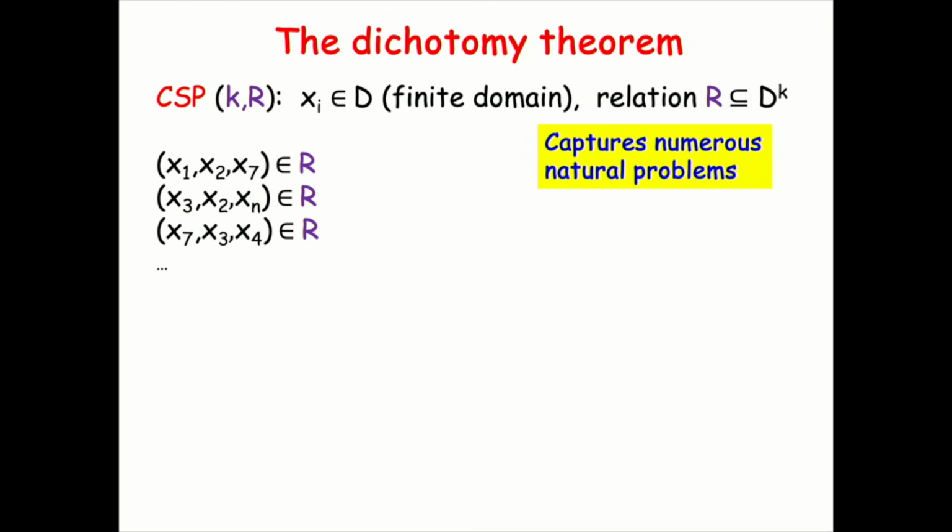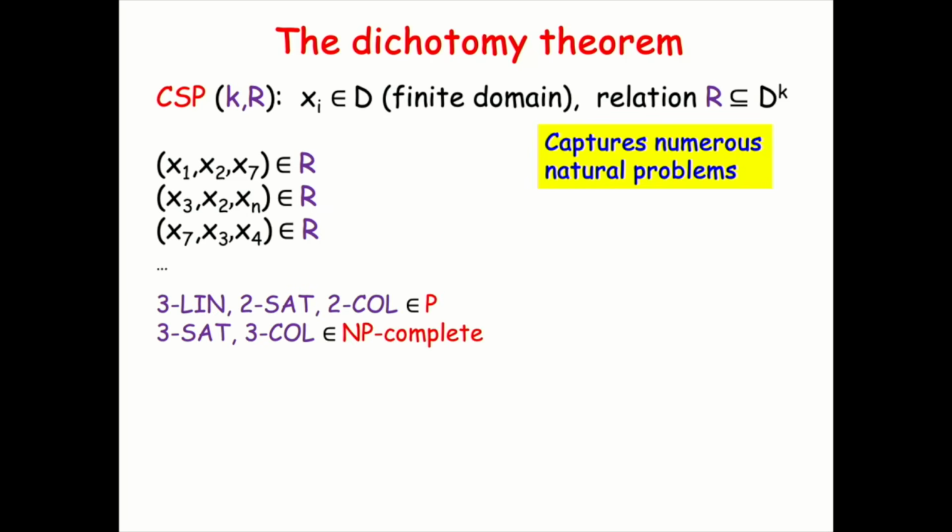So basically, the decision is, can you satisfy this system or not? As I said, it captures numerous problems. And we know that of the examples I showed you before, some are in P, like solving linear equations, of course. 2 coloring, I mentioned, is easy, 4 coloring. And others are NP-complete, so this is known.